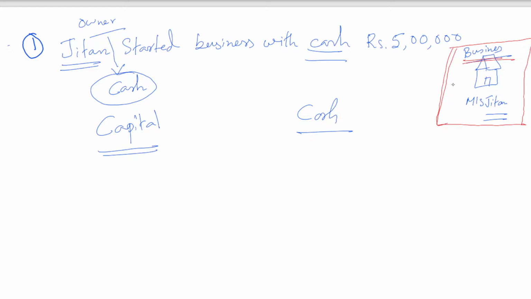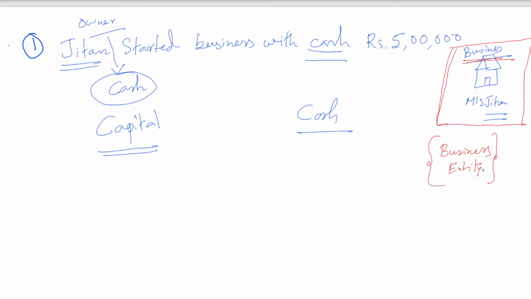Okay, this is the first criterion before passing any journal entries. If you think about the owner, then your journal entry or your accounting will not be correct. Okay, because there is a concept called the business entity concept.